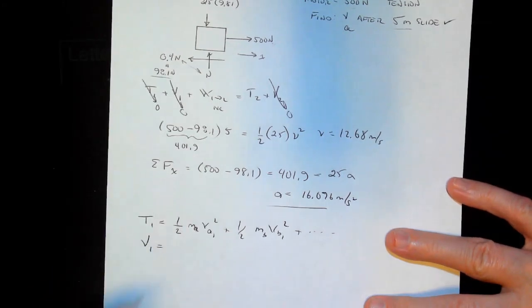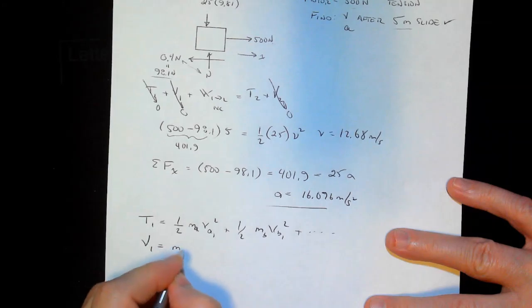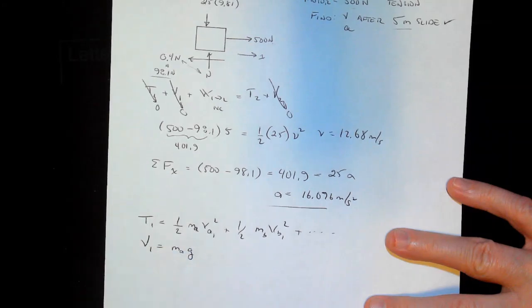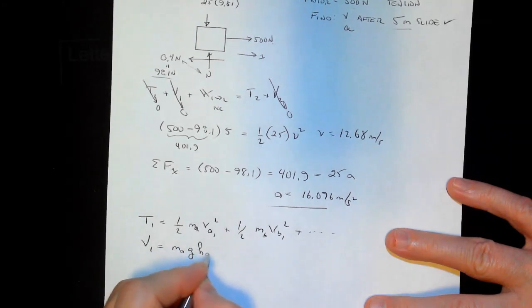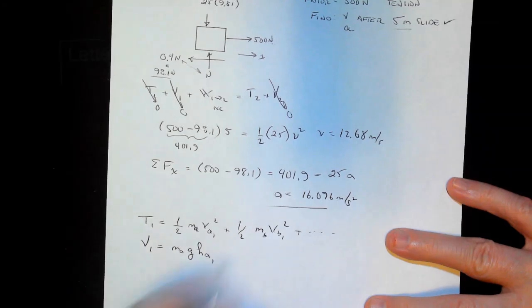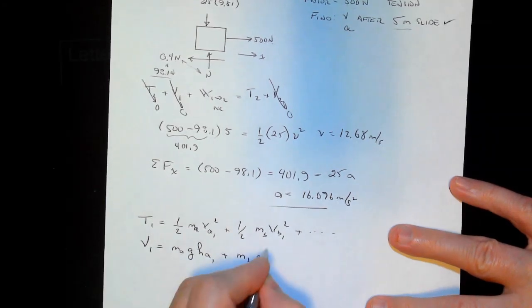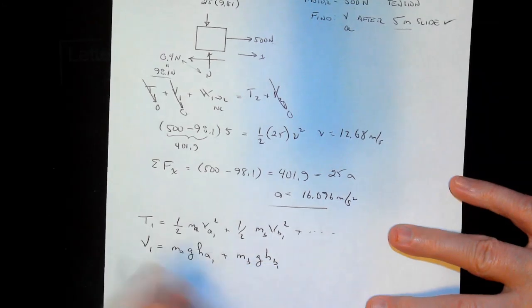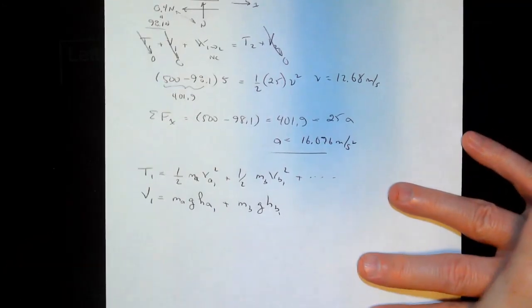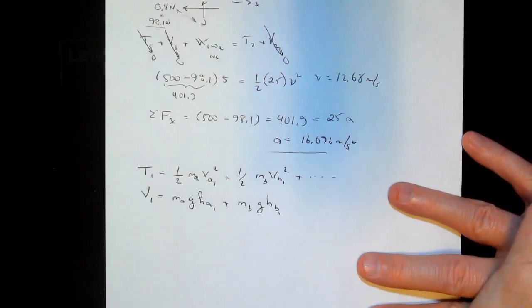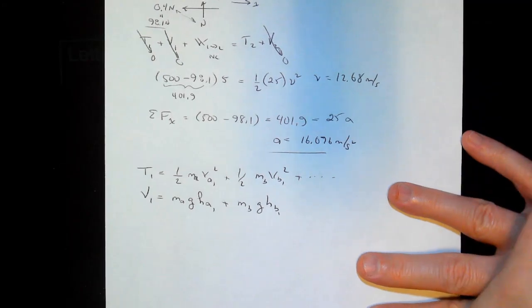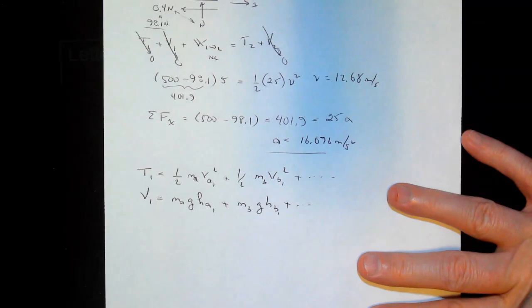Initial potential energy would be mass of A, g is the same for all of them, times its initial height HA, plus mB g HB, and so on. Very straightforward. Just for every mass, add them all up. Not a lot else to say.